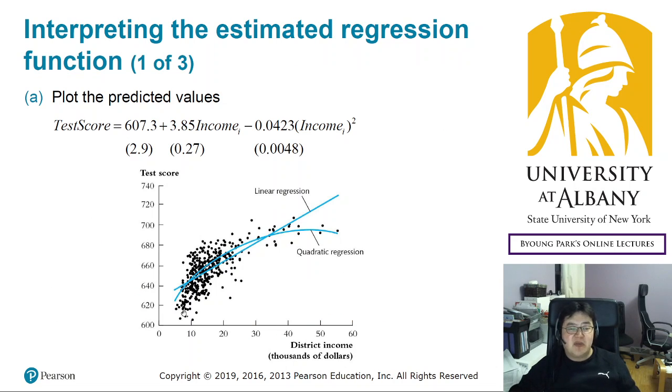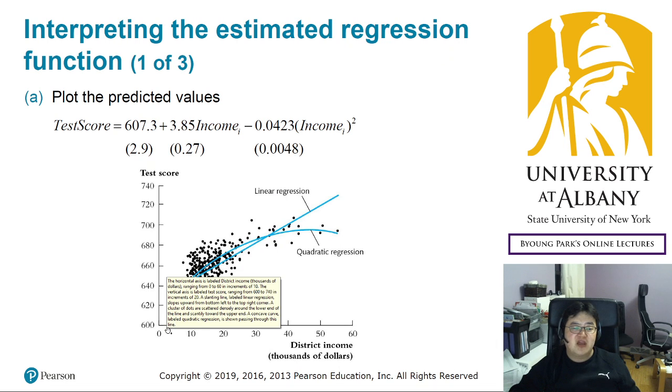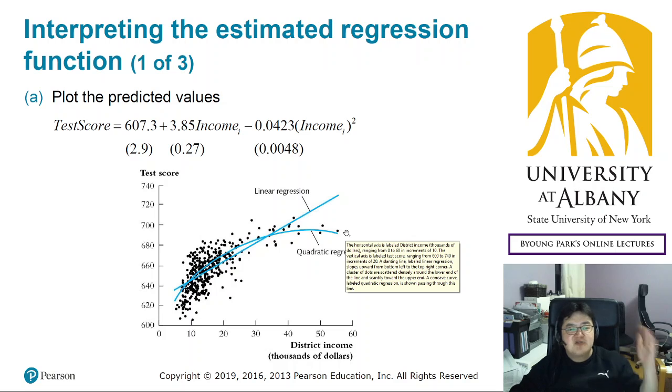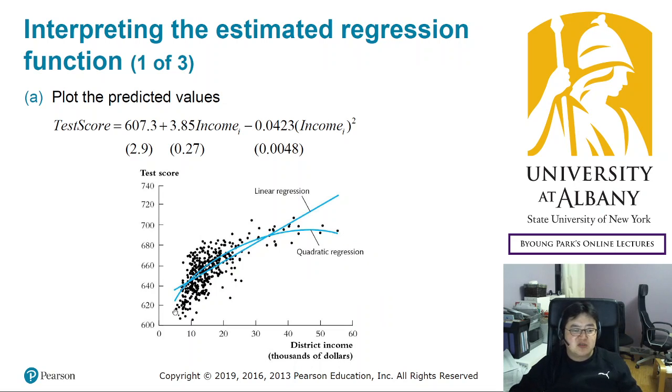However, let's think about the fitting and the scatter plot. By including the quadratic term, now your trend line can be curved. So it looks like this. This is the best fitting line, the quadratic function line.